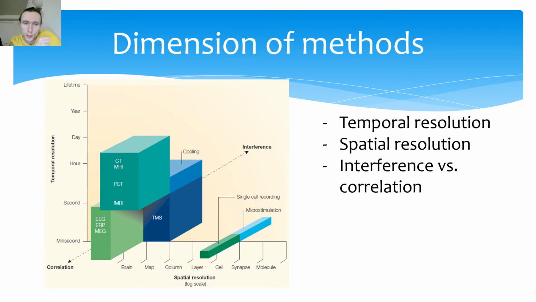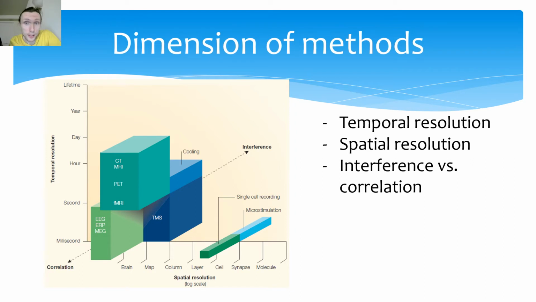And then there's the dimension correlational versus interference. Correlational means that you're just measuring activity, but you're not changing the activity, which means if you're just looking at a correlational measure, you cannot say that a particular region or a particular pattern in the brain activity is necessary for a particular function.